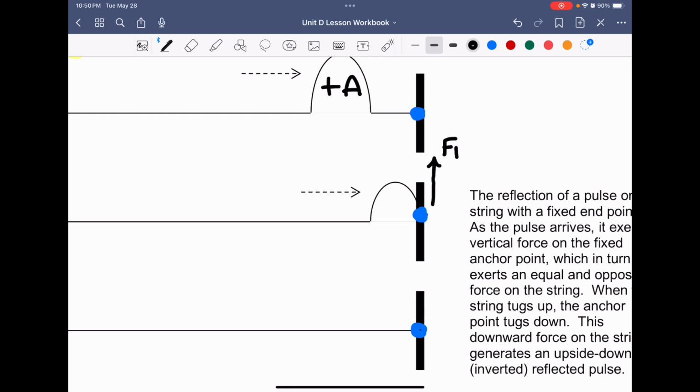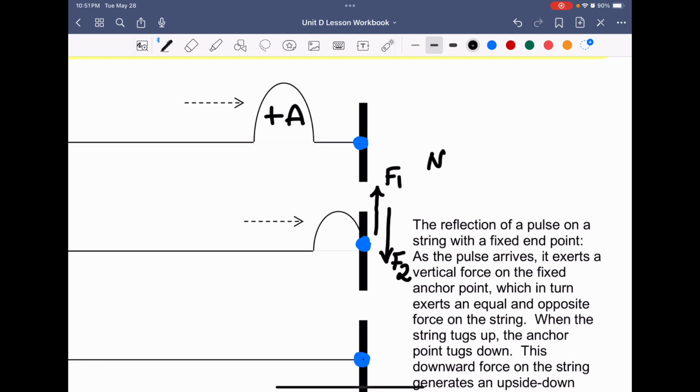Now, because this is a fixed end, unless there's enough force to break the string, it's almost going to hit this brick wall of it can't progress any higher. And so by Newton's third law, we're going to see that the force is responded with by an equal and opposite force in the opposite direction. This is Newton's third law. You may want to write this in. So Newton's third law.